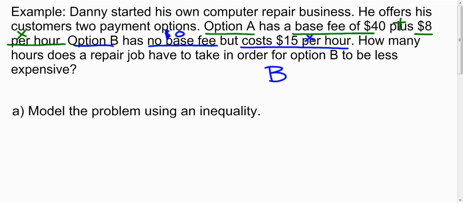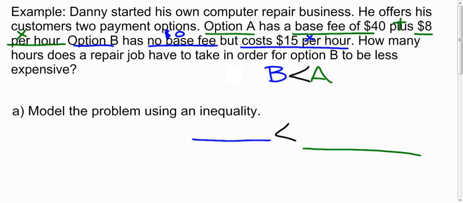So we want B to be less than A. So again, you're going to model the inequality. So you're going to have something for B, some kind of an inequality with a variable, and that's going to be less than some kind of inequality for A, and you're going to need to come up with a let statement. So let something represent something.